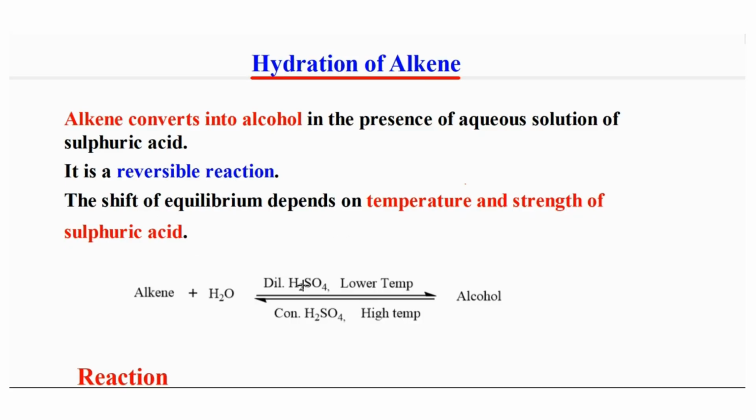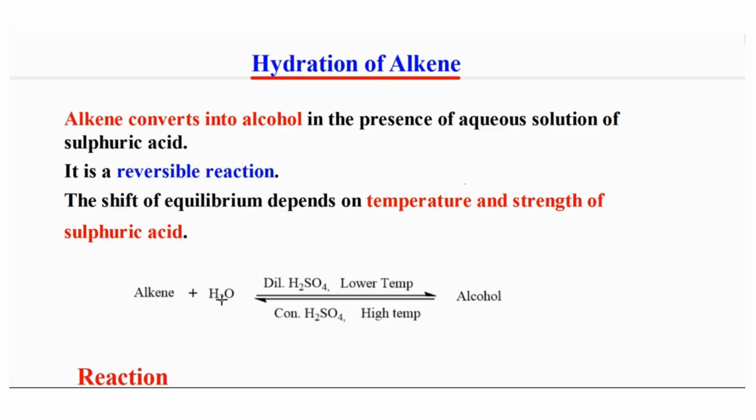This is a reversible reaction, and the shift of equilibrium mainly depends on the temperature and the strength of the acid we are using. For example, if you use the alkene with water in the presence of acid, at lower temperature we are getting alcohol. The same alcohol reacting with the sulfuric acid at higher temperature, we will get alkene and water.